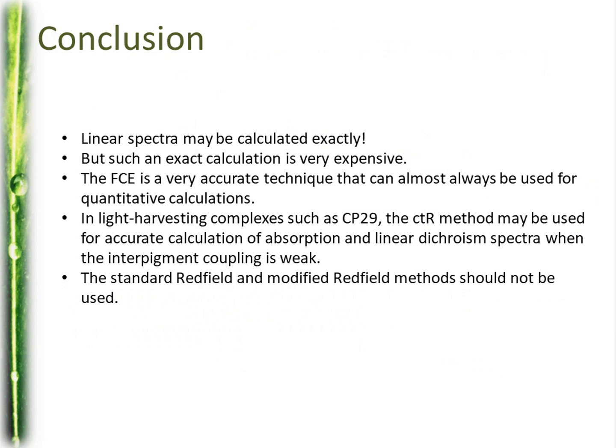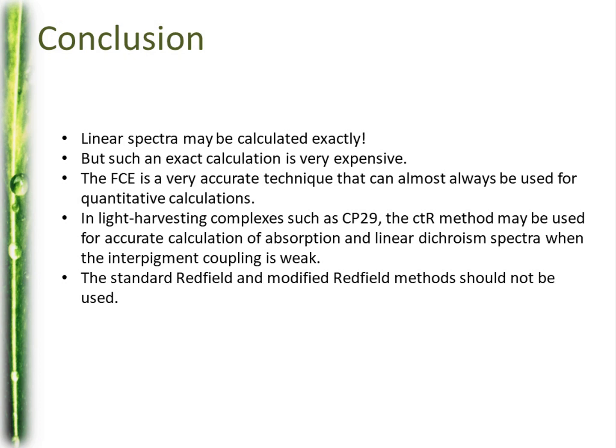In conclusion, linear spectra may be calculated exactly, but such an exact calculation is very expensive. The full cumulant expansion is a very accurate approximate technique that can almost always be used for quantitative calculations.